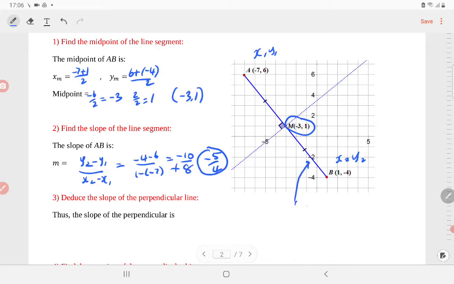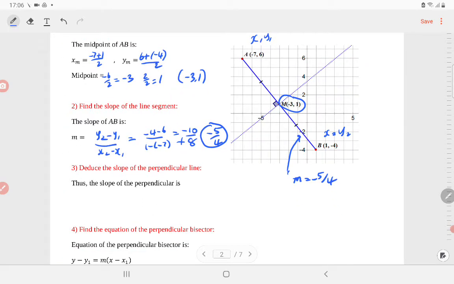So that's the slope of this line, -5 on 4. Now we deduce the slope of the perpendicular line. What is the slope of the perpendicular, which is the slope you need? From the last lesson, if your slope is -5 on 4, your perpendicular slope would be 4/5.